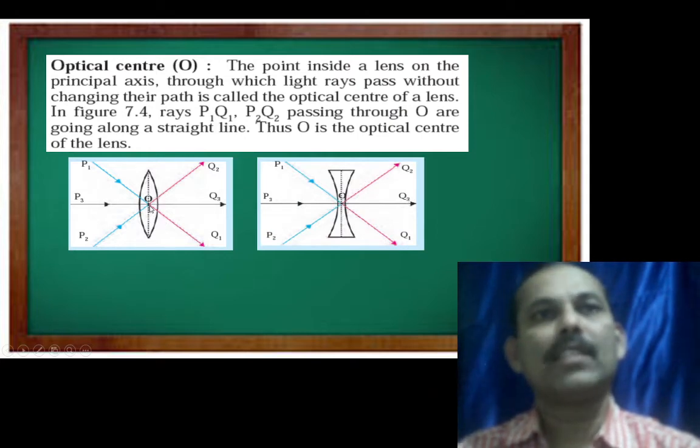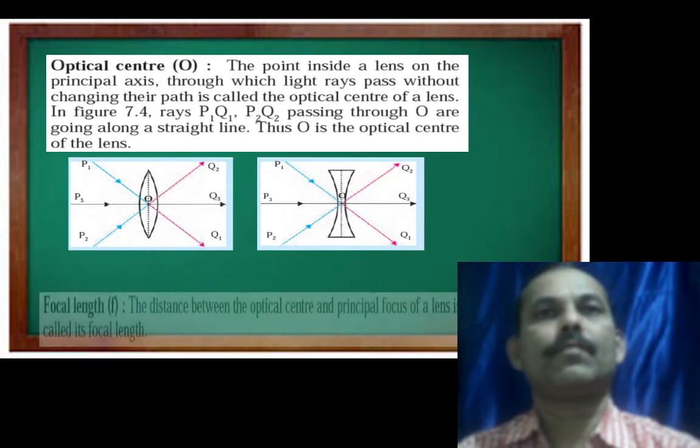This is the optical center of the convex lens, and this is the optical center of the concave lens, through which the rays go straight without changing direction.